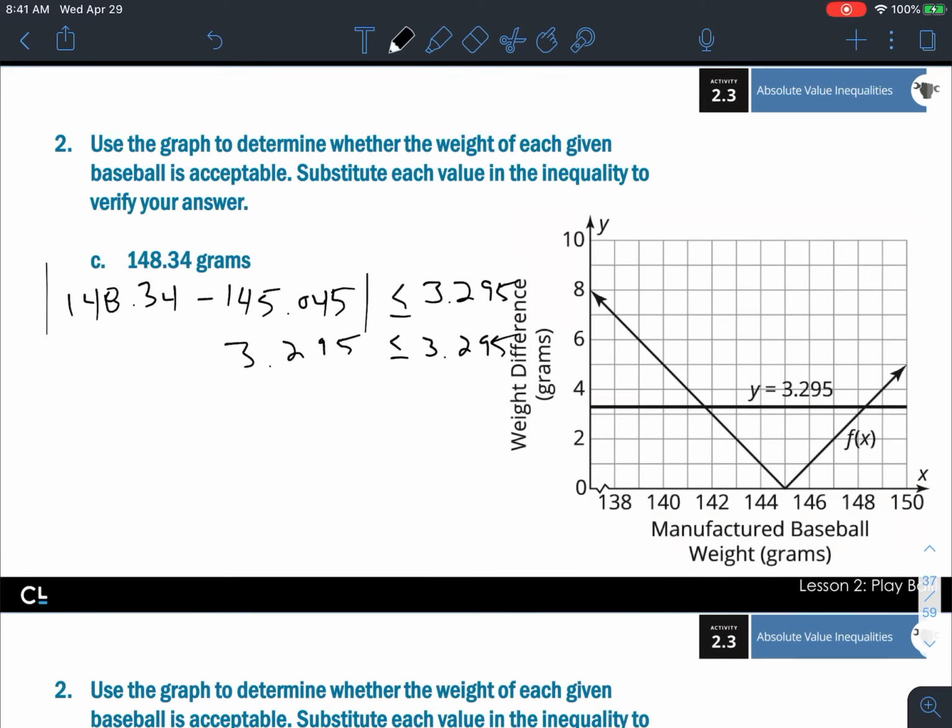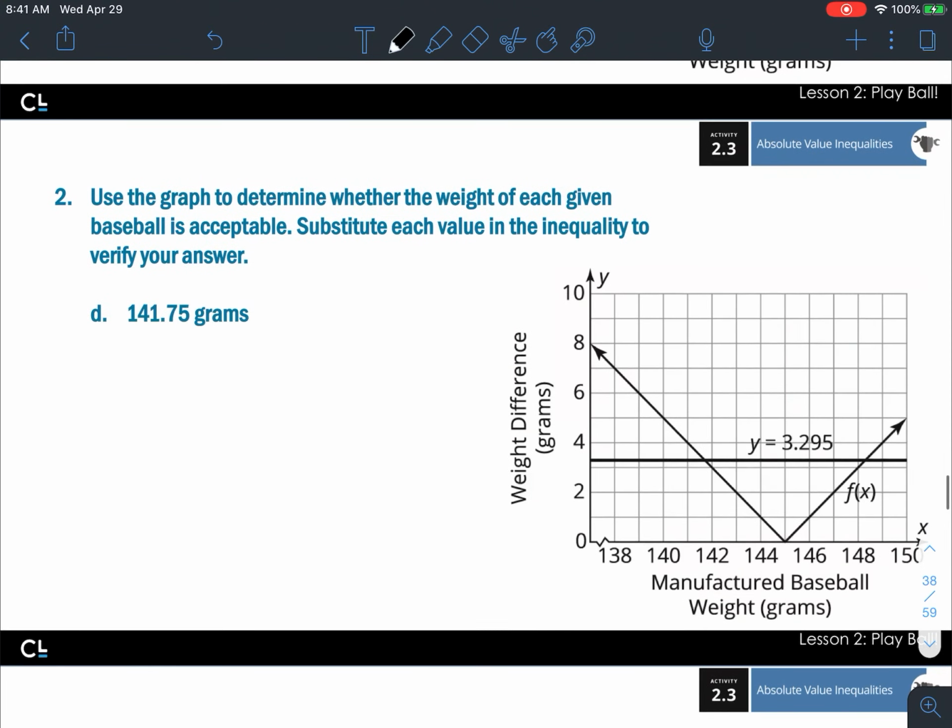So because this symbol here has a line under it, the only reason it works is because it has a line under it. If it was just the symbol looking like this, it would not work. But because it has a line saying it could be equal to, this works.